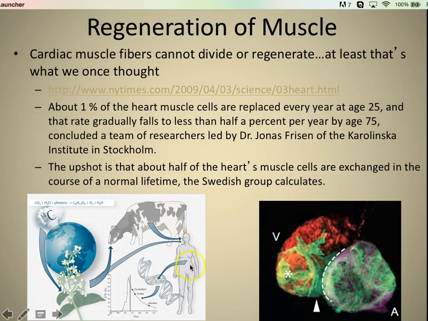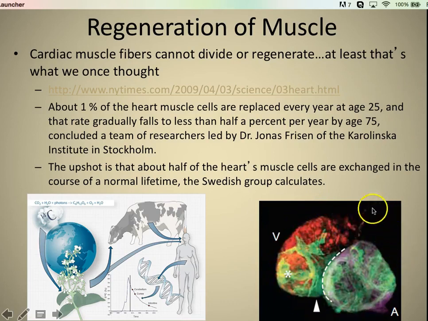If your heart cells never regenerated, all the cells in your heart should have had the exact same amount of carbon-14. When they actually looked at it in people, they saw that no, there were different levels, and some had more and some had less. So they could tell that the heart muscles were replaced throughout that individual's lifetime. Okay. And then this image right here, this is kind of neat.